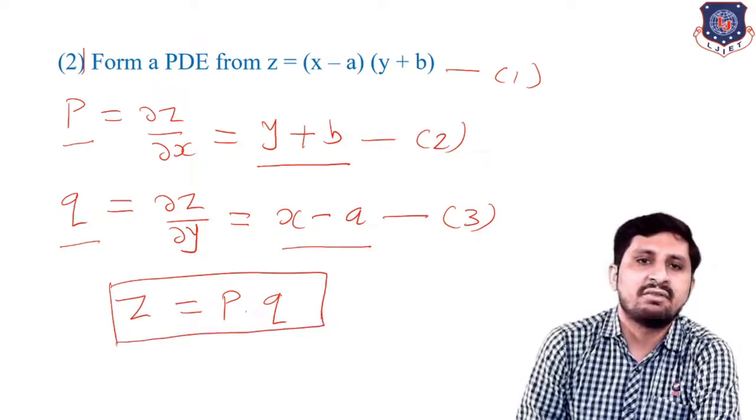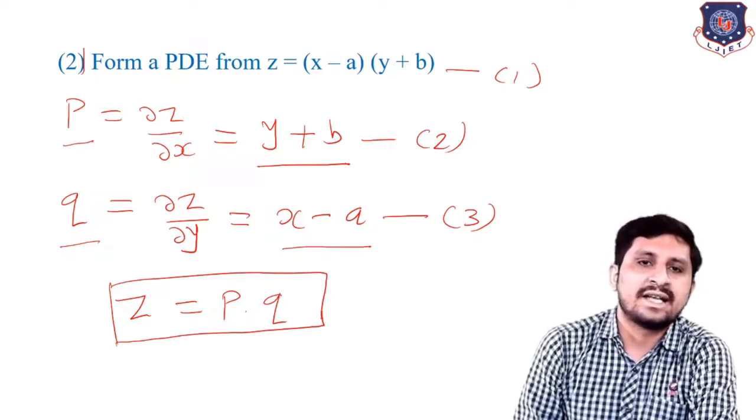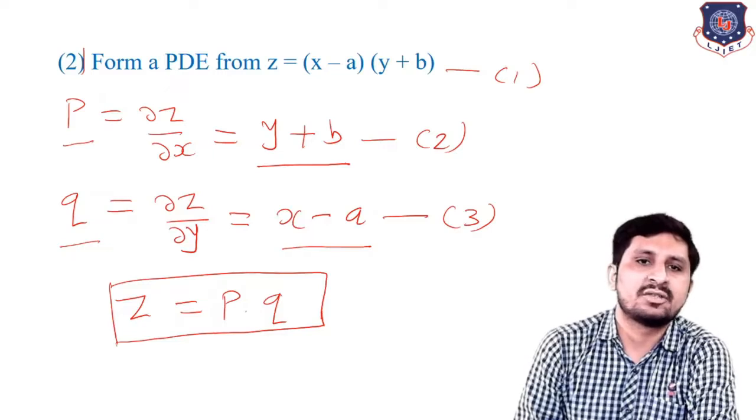Don't forget equation number 1. You are taking first differentiation of equation 1 with respect to X, so you have to write again differentiation of equation 1 with respect to Y. So that sentence also you have to write. Don't write the direct equation. So this is instruction for all the students. Try to remember.